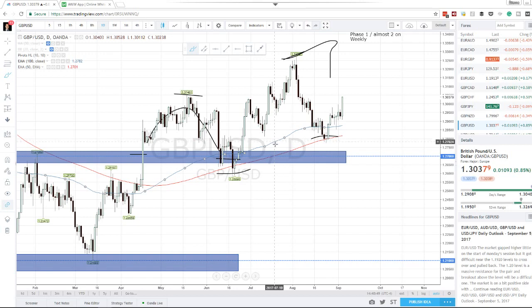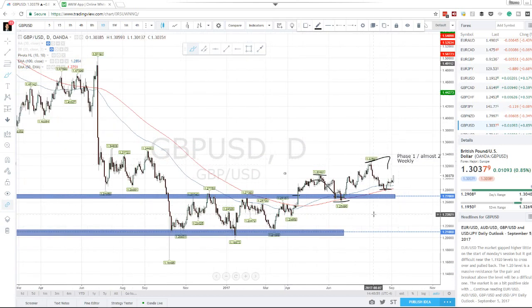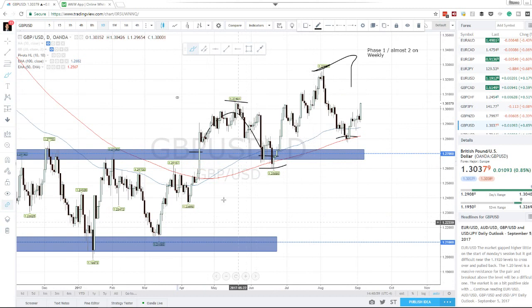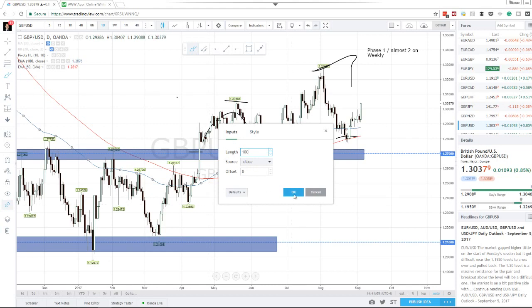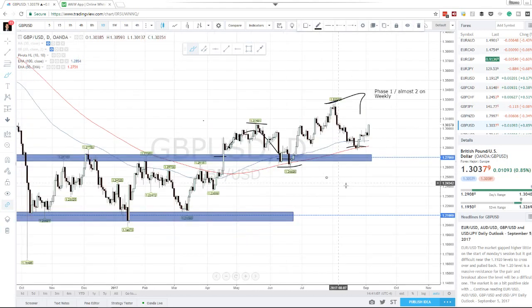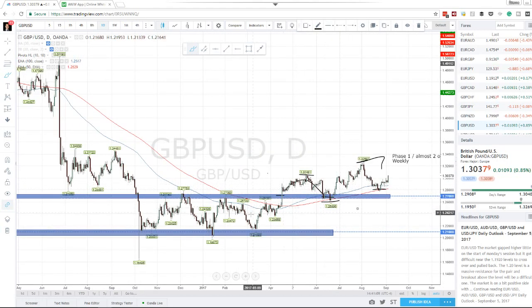That's interesting. Technically, wait, something's wrong here. Funny how the 50 EMA, oh, I think there might be a problem with this one.